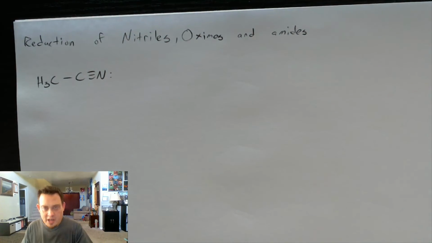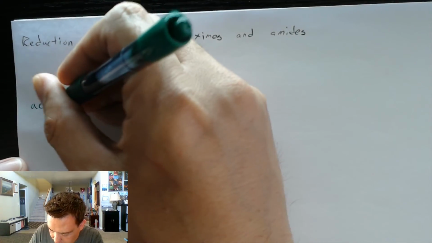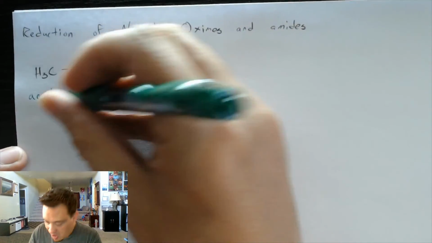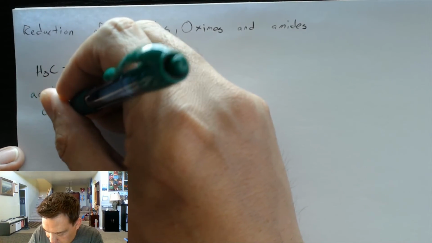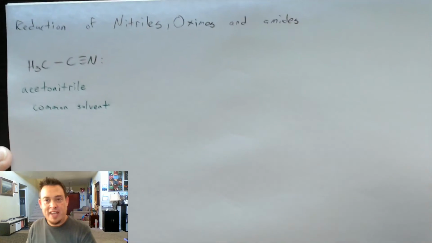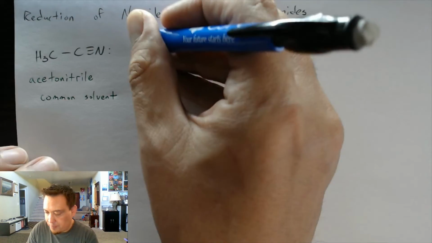This particular compound is acetonitrile. This is a common solvent that's typically used. We don't use it a lot in this class, but I do want to mention that out in the greater world out there, this is a common solvent that's used out there.